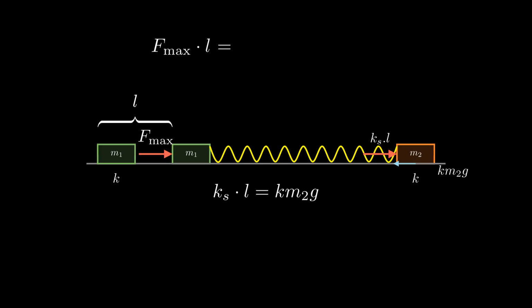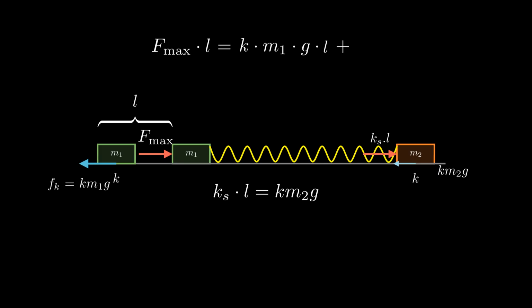The first part is the energy spent on the work done against the frictional force while M1 moves by distance L, right? So this component is nothing else but K M1 g times L, which is the frictional force acting on M1 times the distance that M1 moved.